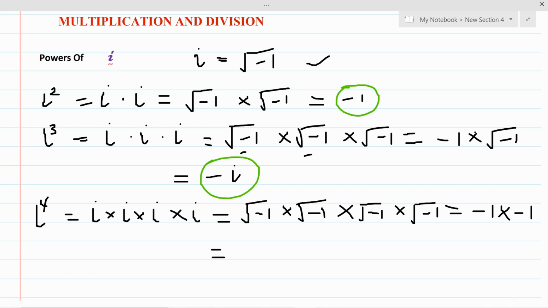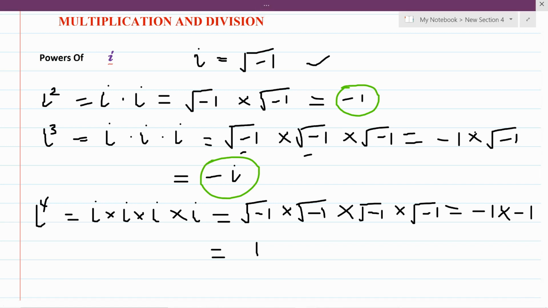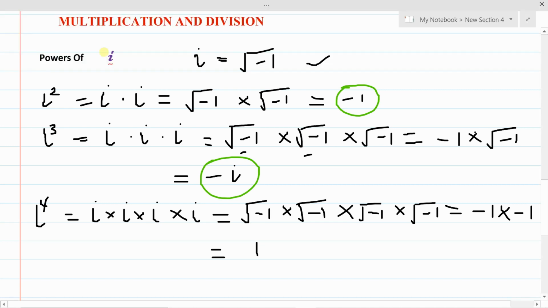Negative times negative is positive, so it gives us +1. Also put in mind that i to the power 4 is 1. So if you are given simplifications to do, you know that i squared is always -1, i to the power 3 is always -i, and i to the power 4 is 1.